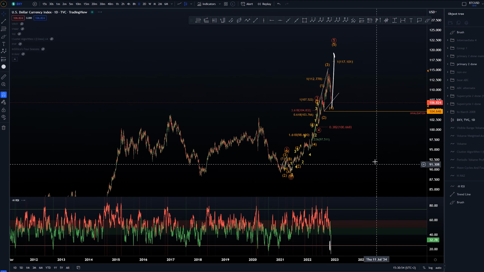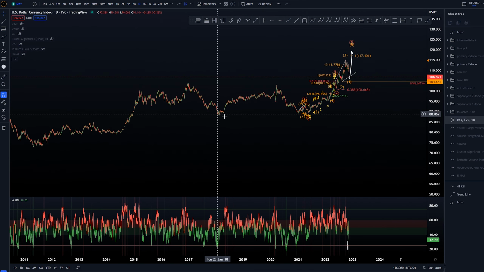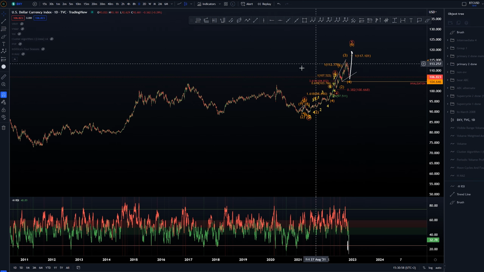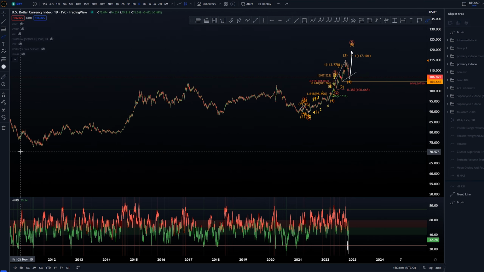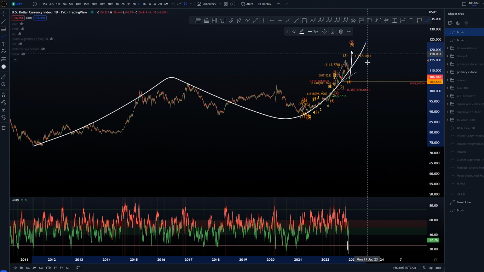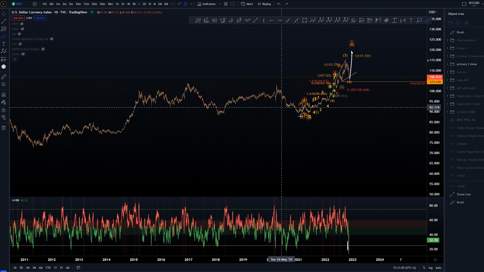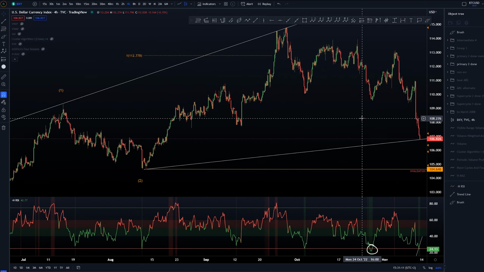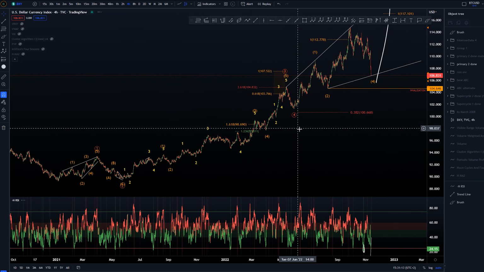And then we would be needing to look at the higher time frame structure, what it could be part of, whether it is this or whether it's just a continuation of the higher time frame in previous moves. We'll look into that later on once this is giving us some kind of signal that it is actually finishing up. I think that is pretty much everything I wanted to cover for DXY today.